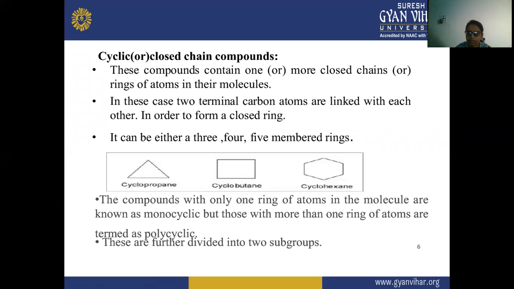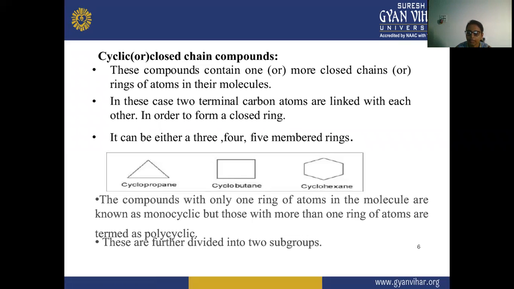In these cases, two terminal carbon atoms are linked with each other in order to form a closed ring, and it can be a three, four, or five membered ring.